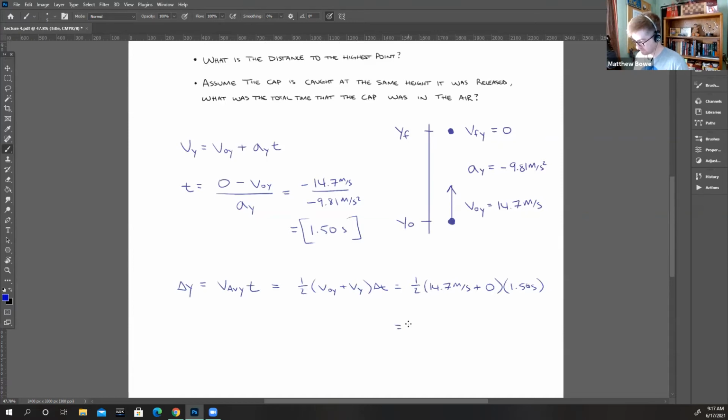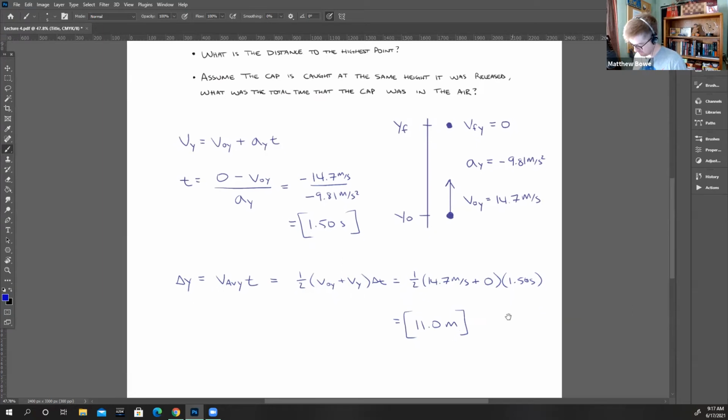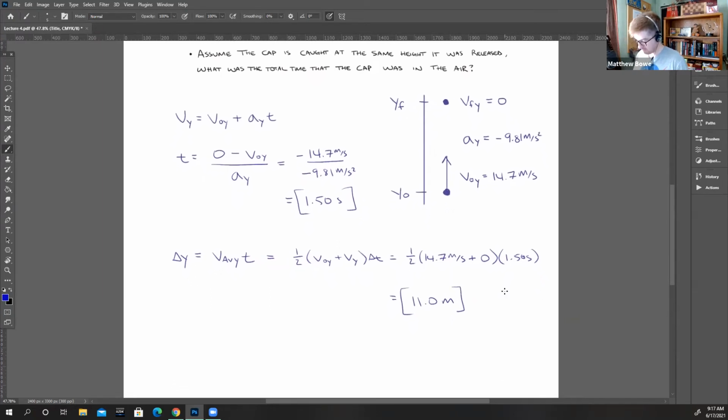We get a result: this cap went up 11.0 meters.